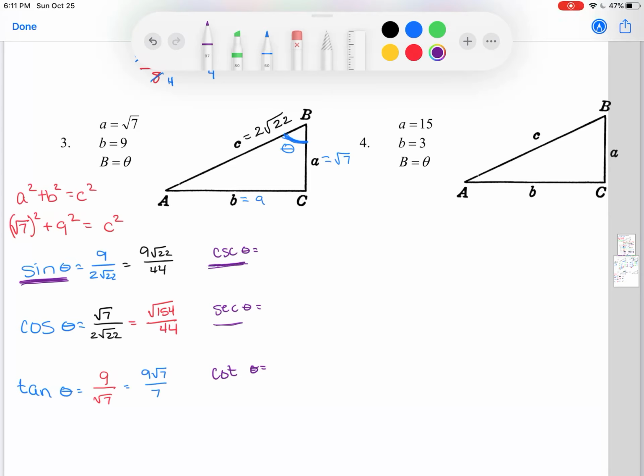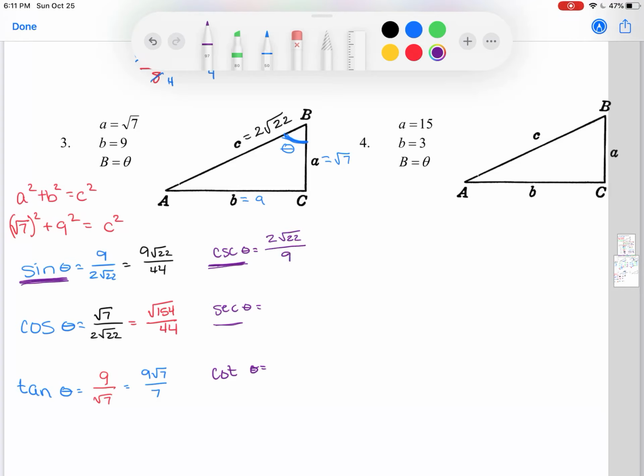Or you can tell yourself that S and S do not go together, C and C do not go together, so you need to do opposites. Otherwise, if you like sine first, then use the one that comes first in the alphabet. So cosecant would come first, so that would pair up with sine. Okay, that's one way to remember it.